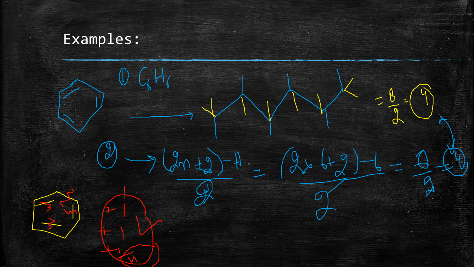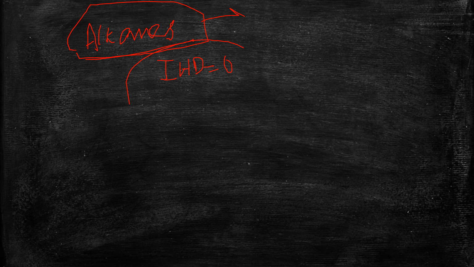One more thing that you have to understand is that for alkanes, IHD is equal to 0. Why? This won't be for cyclic alkanes.